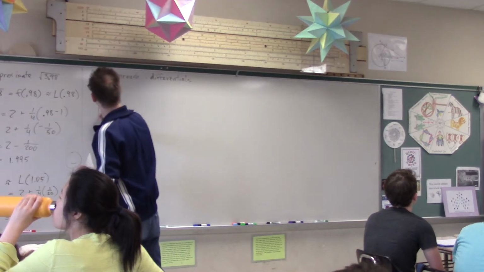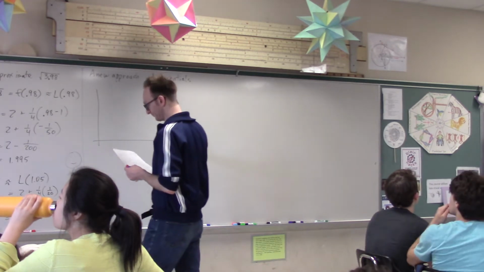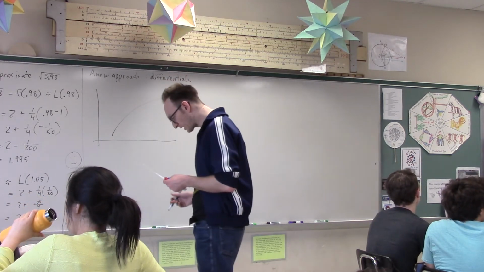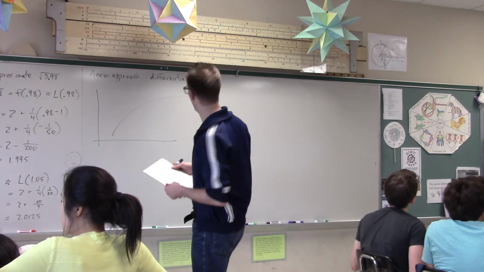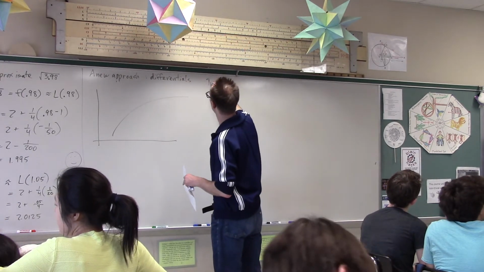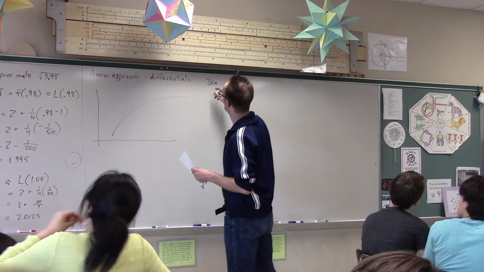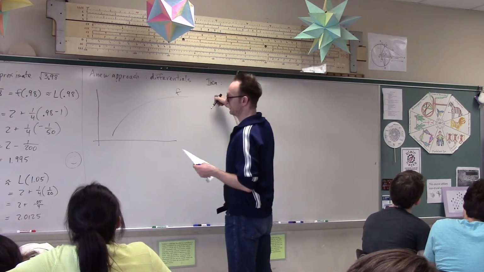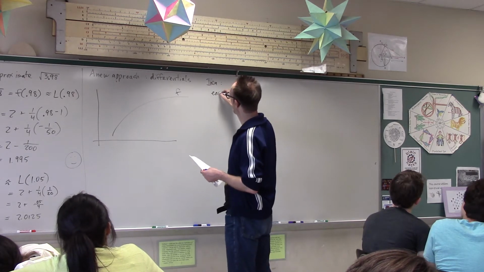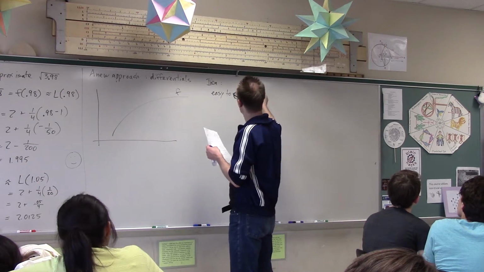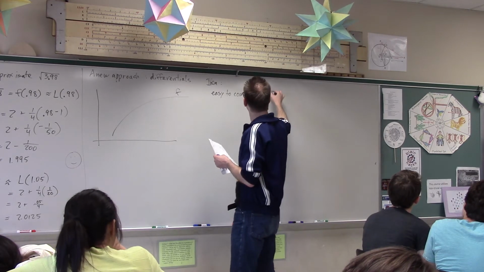Okay, so to draw this picture again, we have some sort of function. And the big idea here is, let's suppose, this is my function f, let's suppose that it is somehow easy to compute f of a.